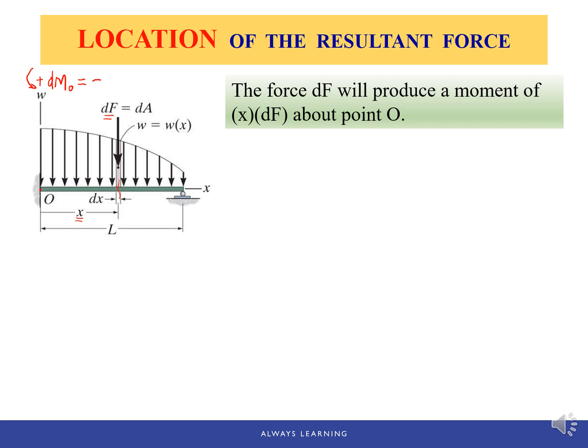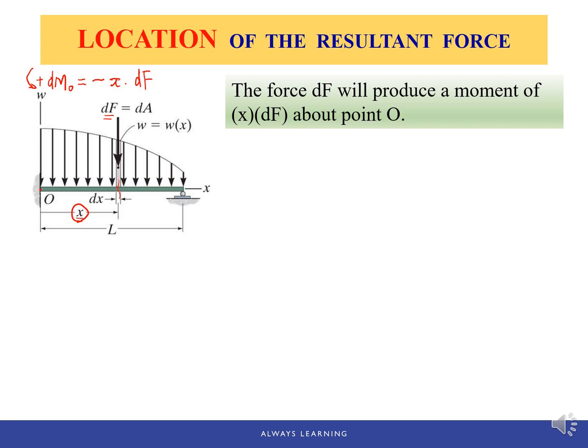So it will be a negative moment. Moment arm is x, and the magnitude of the force is dF. So this is the differential moment, or the moment caused by this differential force dF located at location x.